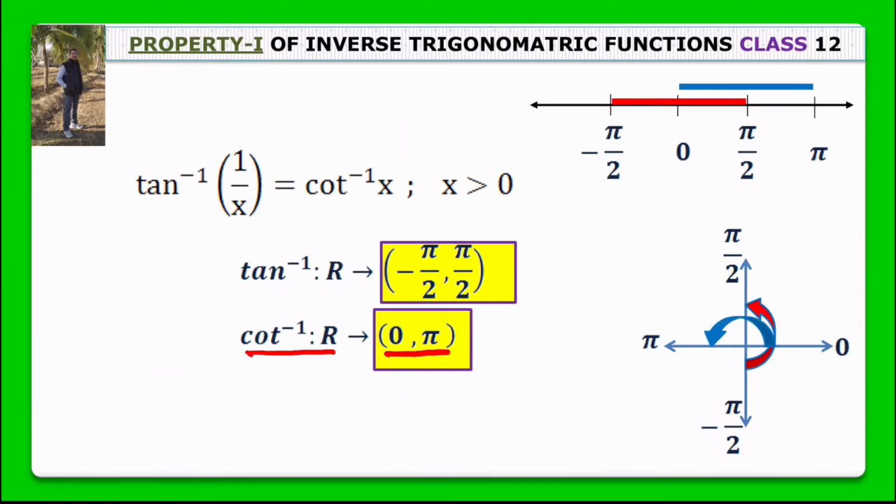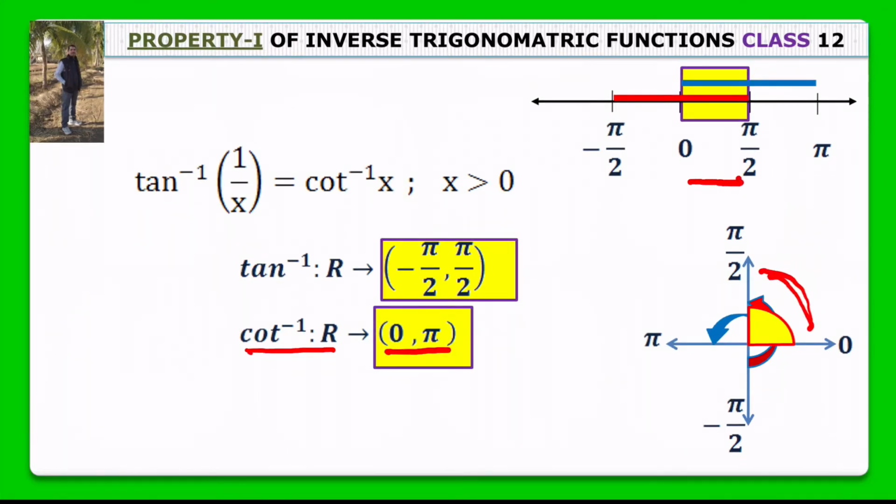We observe that the principal value branch of cot inverse is denoted by the blue arrow and the blue line on the number line. And now we observe that there is some portion which is common in the plane. We observe that the portion between 0 to pi by 2 is common, and on the number line we observe that this portion, 0 to pi by 2, is common.